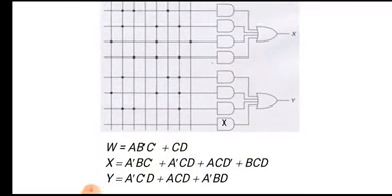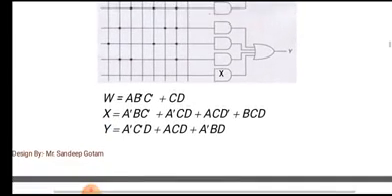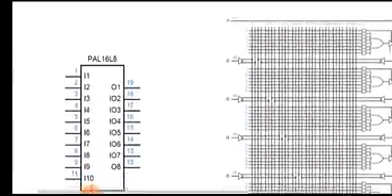X is the same: A bar B C bar plus A bar C D plus A C D bar plus B C D. For the last output Y, you can connect first, second, third, and the fourth is not connected, meaning a don't care condition, which will not be considered during the PAL operation.